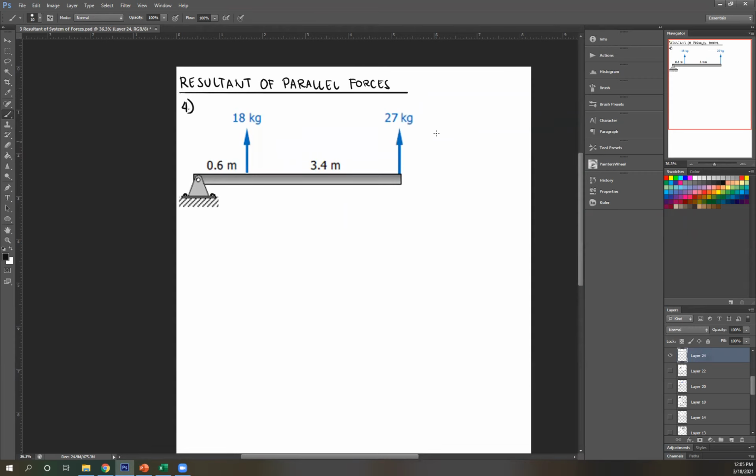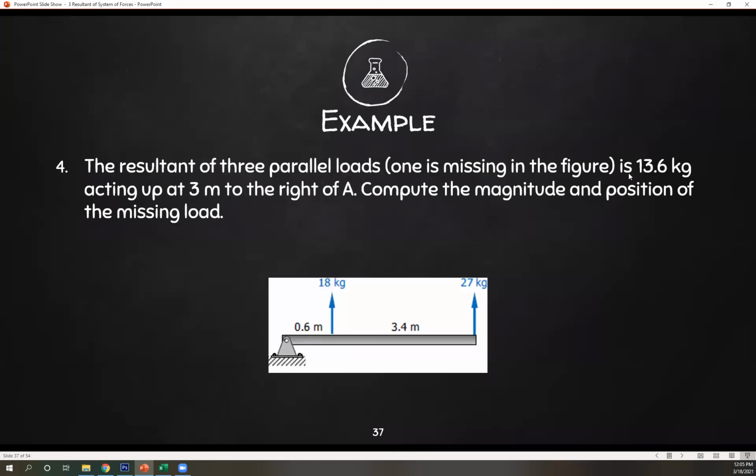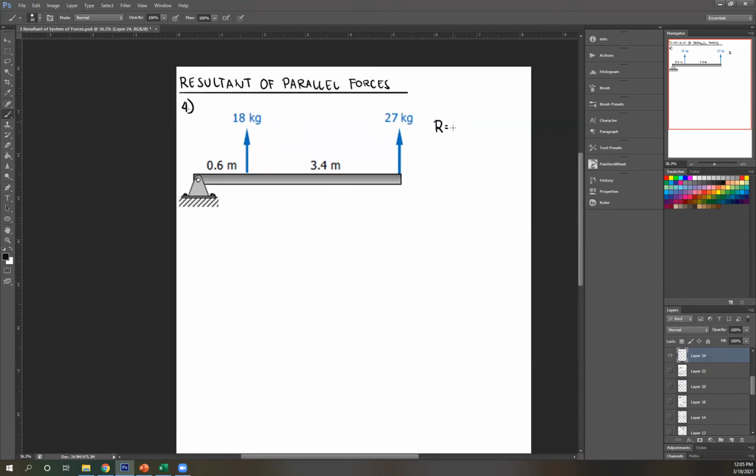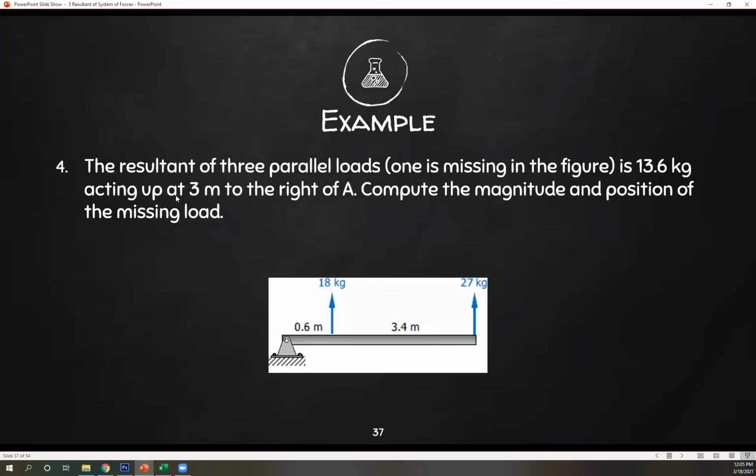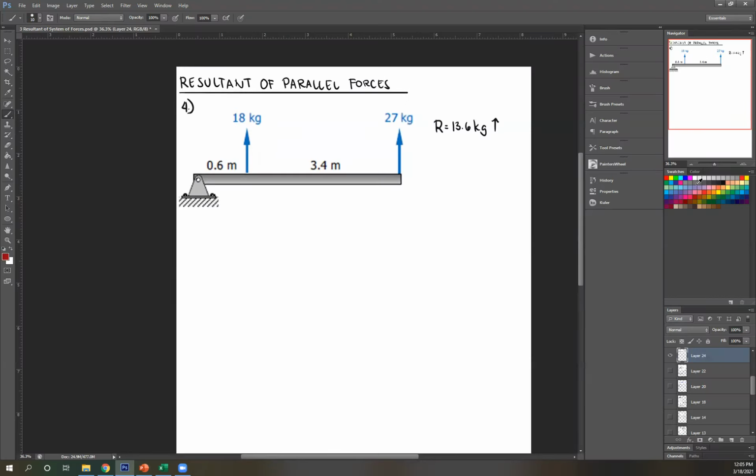Once again, we're given the resultant for this figure, R, which is 13.6 kilograms acting up at 3 meters to the right of A. So this is A actually.